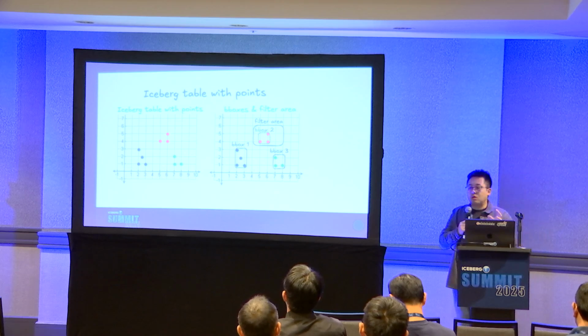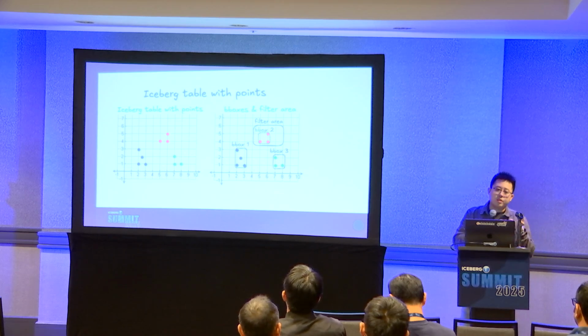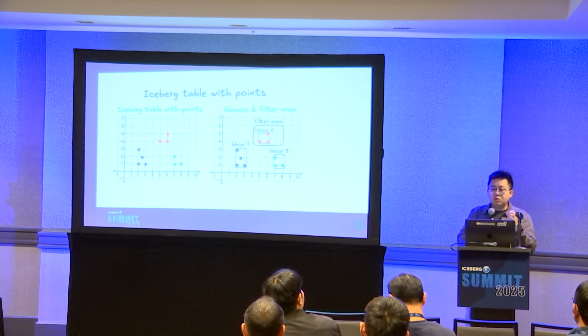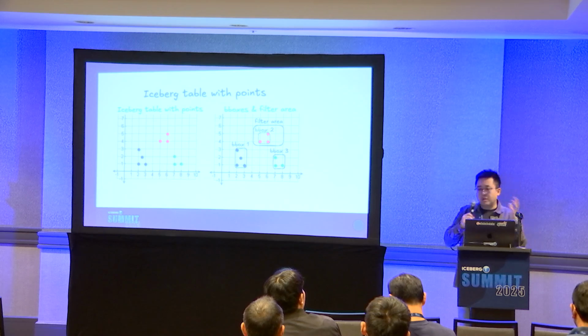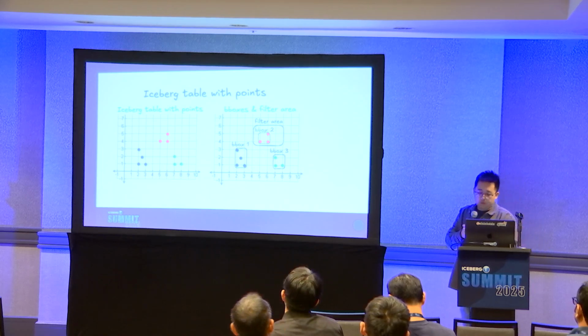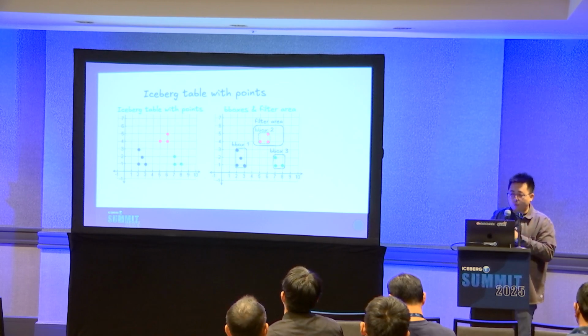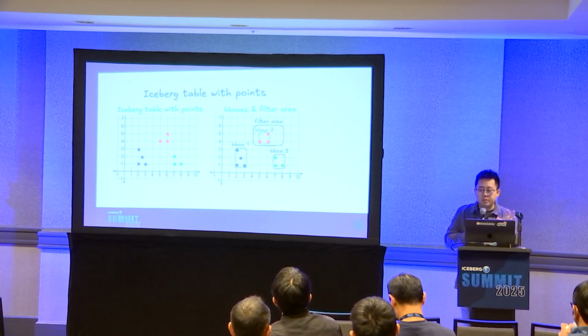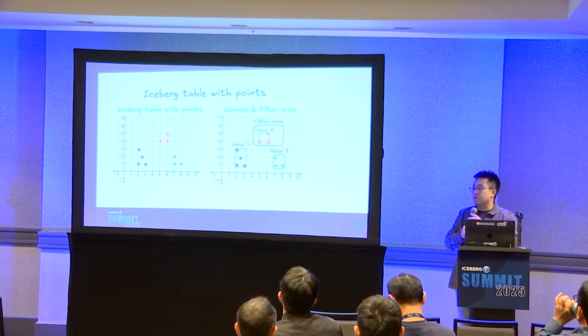Thanks to the lower bound and upper bound introduced in the Iceberg geometry type, you'll be able to create bounding boxes in the manifest file in Iceberg. Basically, you have bbox1 that covers the spatial extent of those blue points, bbox2, bbox3, and so on and so forth.